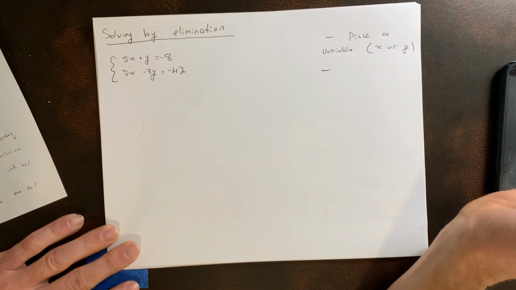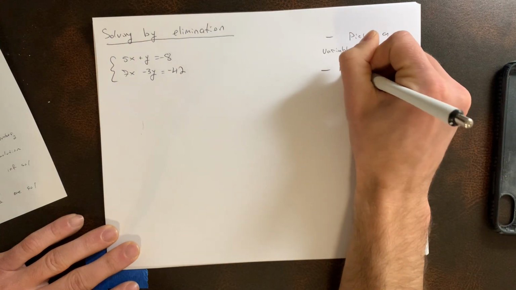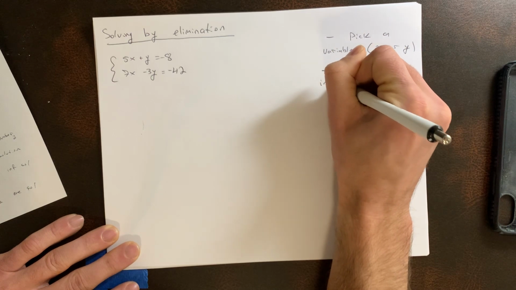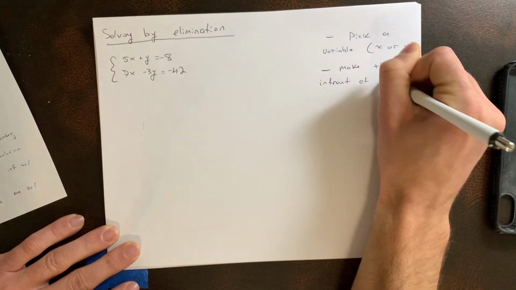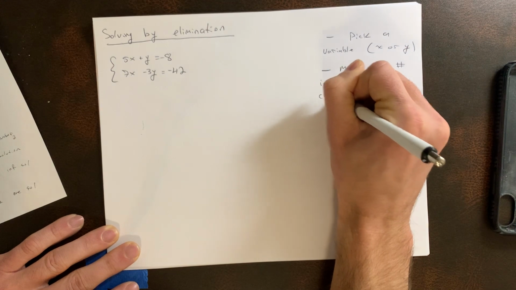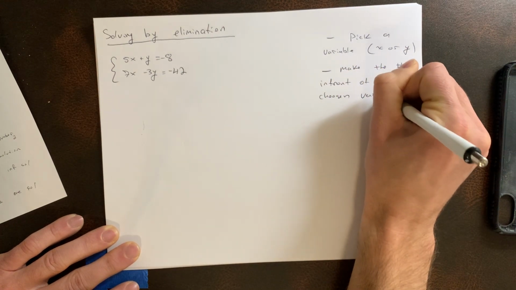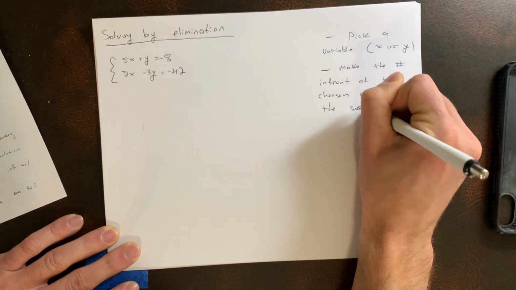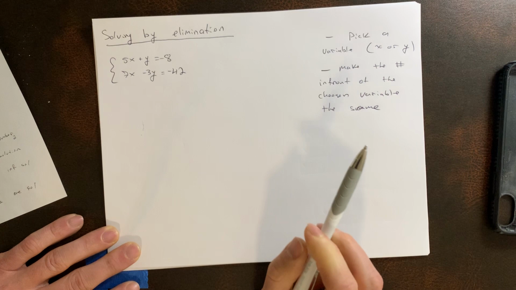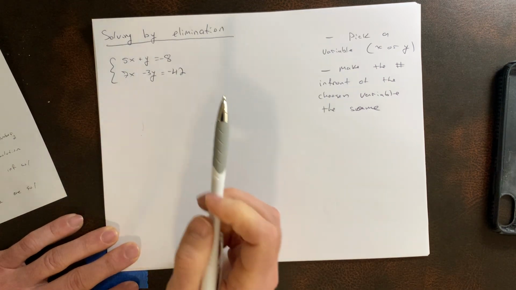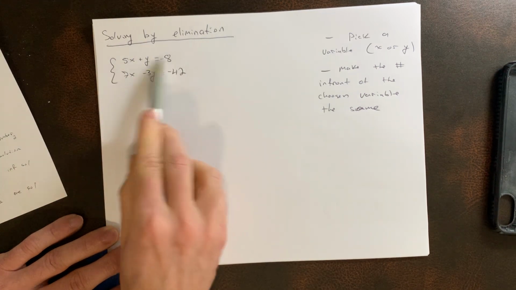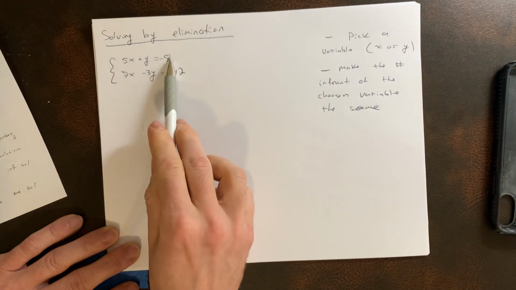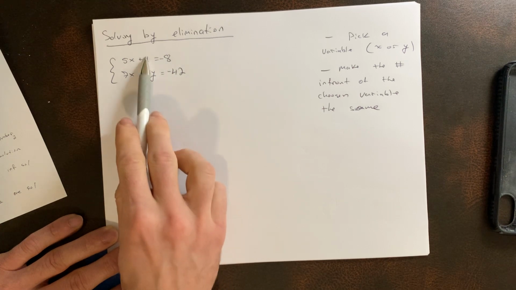But the next thing we want to do is make the number in front of the chosen variable the same. And the way we do that is we multiply the entire equation by a certain number. So just for example over here, if we multiply this entire top equation by 3, so we multiply this 5 by 3, this 1 by a 3, and this 8 by a 3, then the numbers in front of the y are going to be the same.